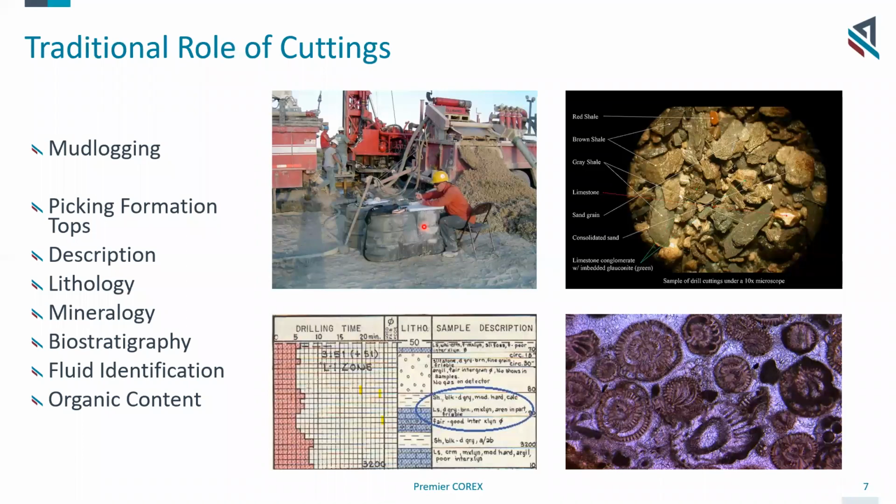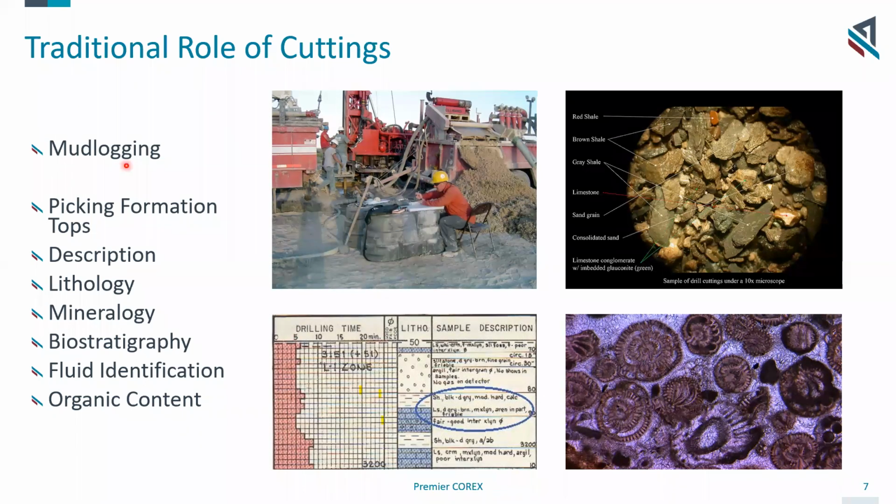So we can see here a traditional mud logging operation. You can see the shale shaker in the background. Here are the cuttings coming out. This is quite a basic operation. This person is looking at the cuttings, perhaps picking formation tops. This is the traditional role of cuttings.